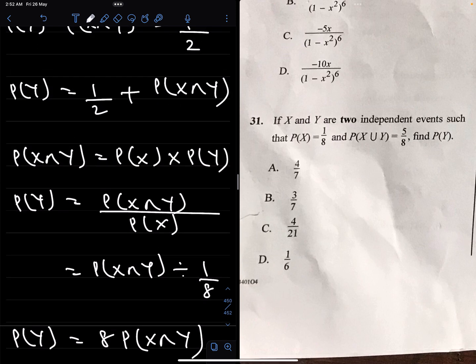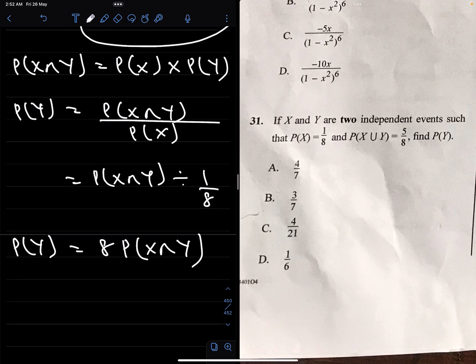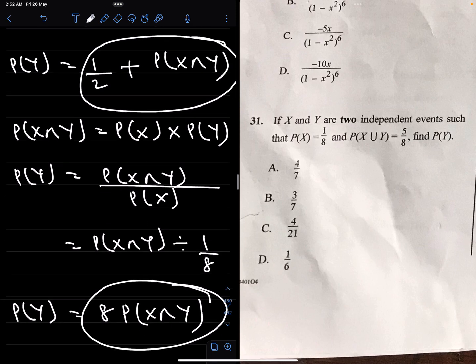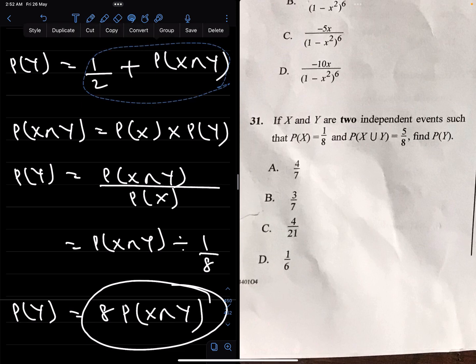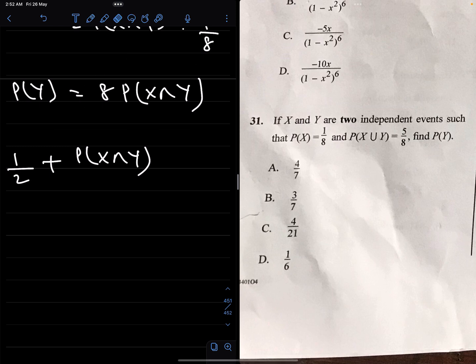So this represents the probability of y and this also represents the probability of y, which means we can equate the two. So 1 over 2 plus the probability of x intersection y is equal to 8 times the probability of x intersection y.